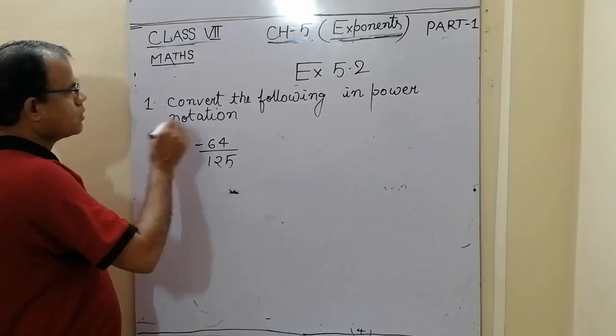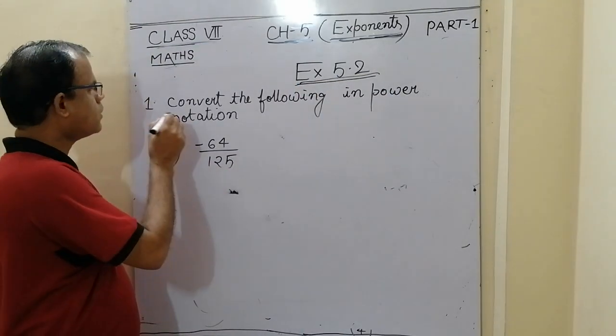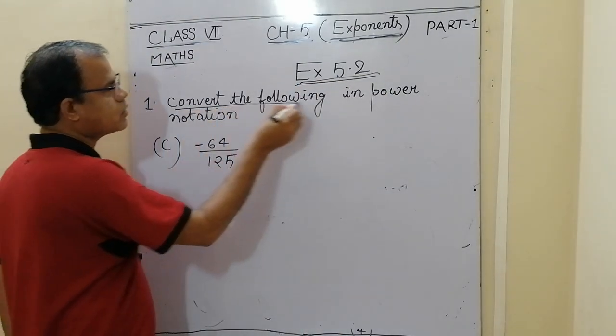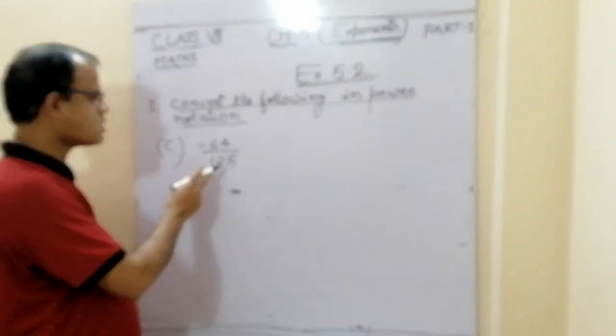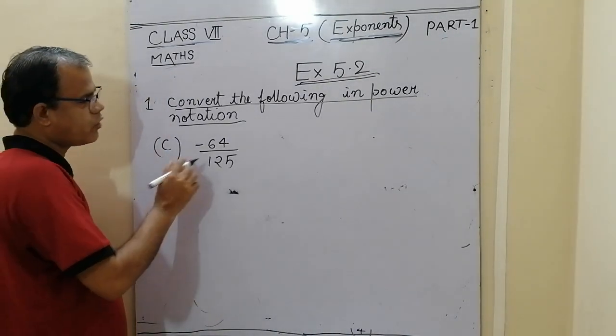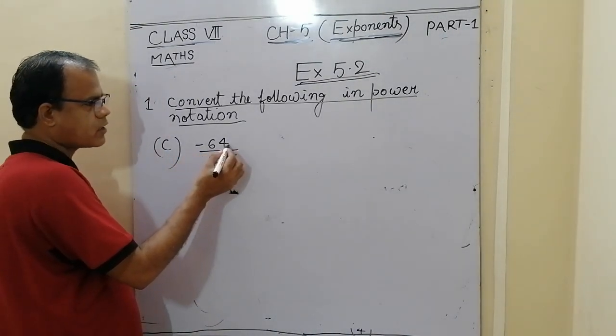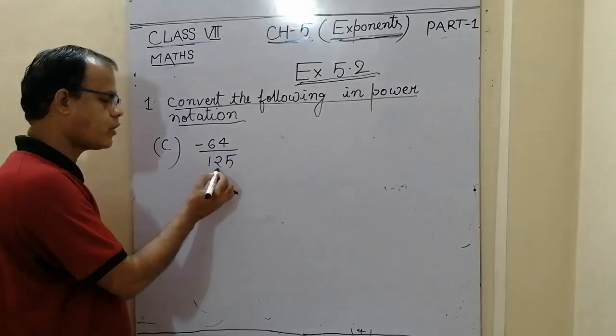Yes students, now moving to exercise 5.2. Here the first question is convert the following into power notation. We have to write this number in exponential notation. So we have to find out the prime factorization of 64 as well as 125.